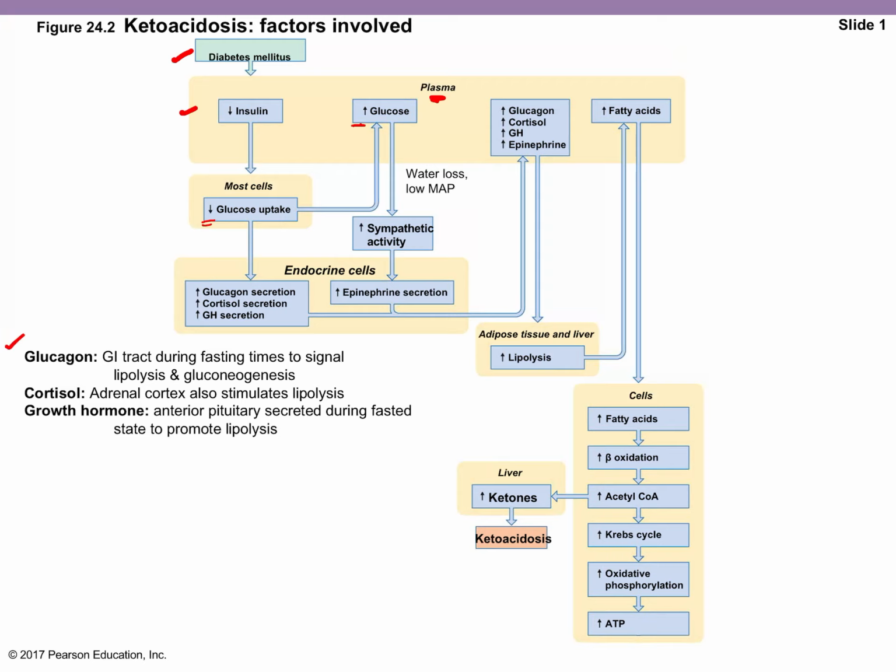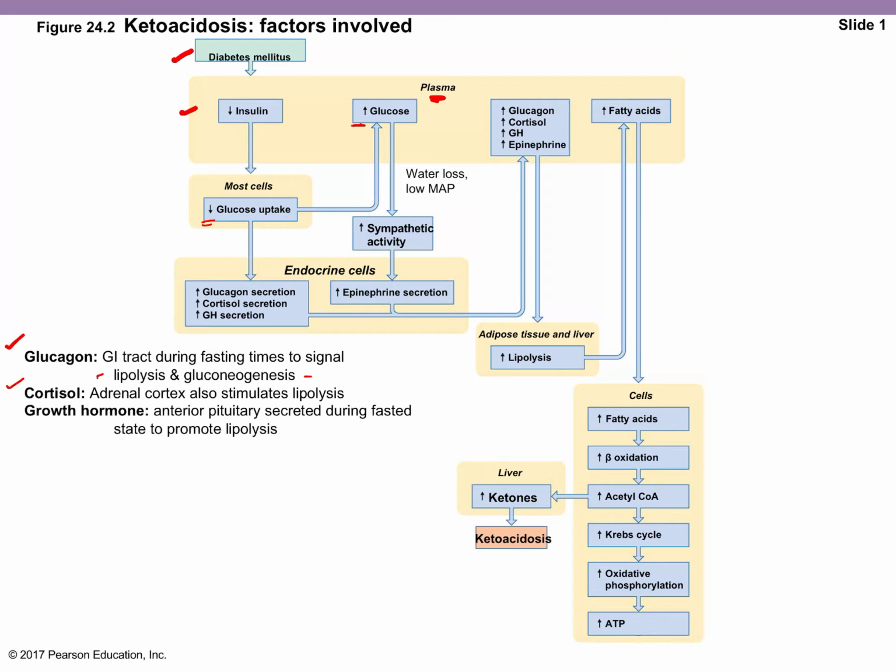And those hormones are going to be glucagon, right? So remember that was the hormone that made you feel hungry. It's going to stimulate lipolysis, breaking down of fat, and also gluconeogenesis, just creating more glucose in the liver.